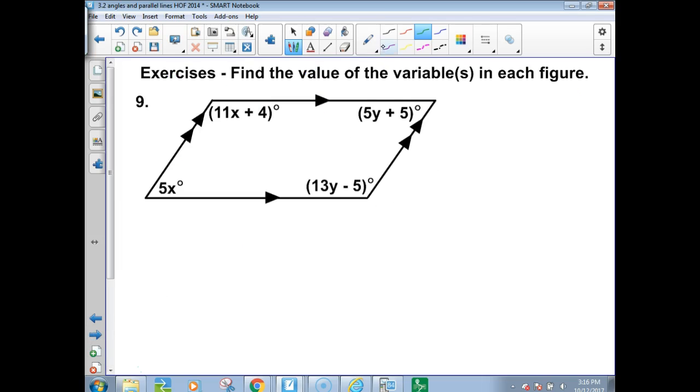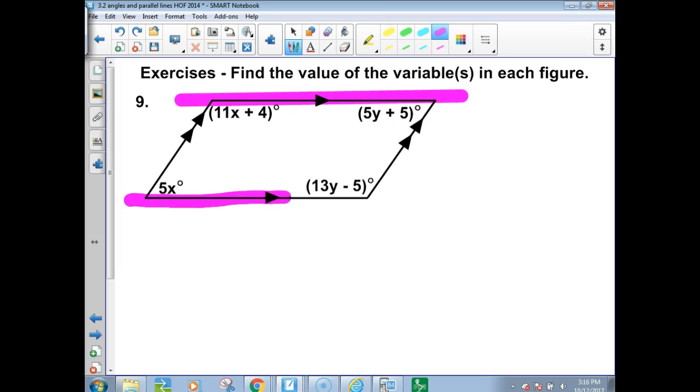Okay, someone want to tell me what they're going to do to solve for x first? Think about the problem I just did while I highlight. I know you guys can do it.